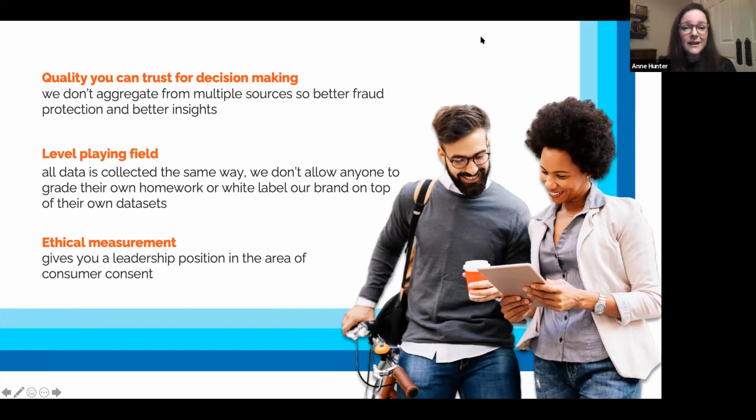One, the quality of the data is really high. Because the data is coming from a single source audience, and because that audience is getting value for their data, you don't have to deal with the fraud issues that you deal with when you're just running impressions on the internet, right? There's not bots in it because we're actually giving value to our audience members who are participating in this zero-party platform.